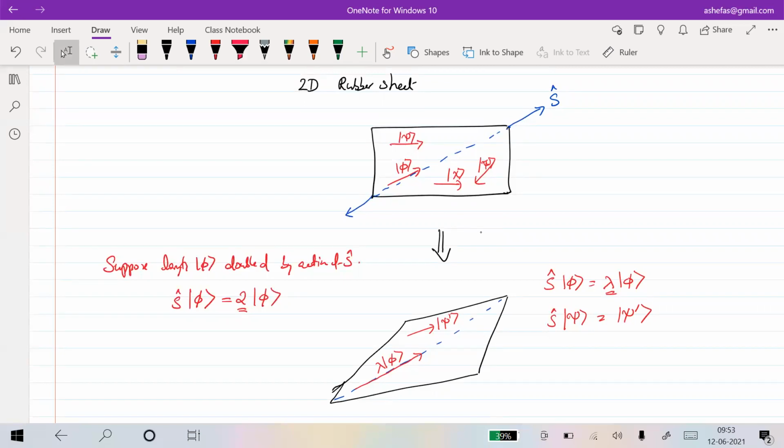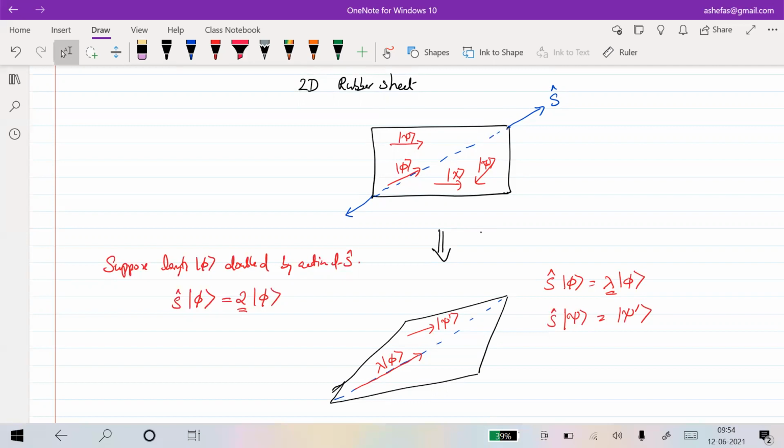The vectors which do not change by the action of the operator, but just scale up or scale down, are called eigenvectors, and the scaling factor is called the eigenvalue.